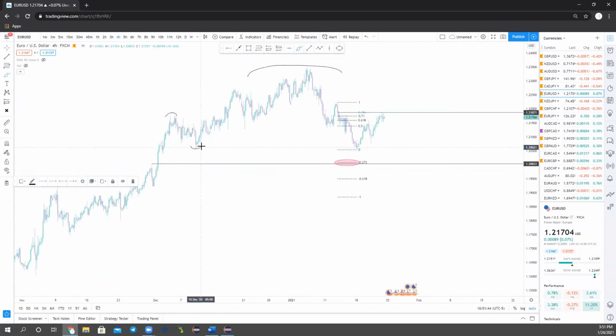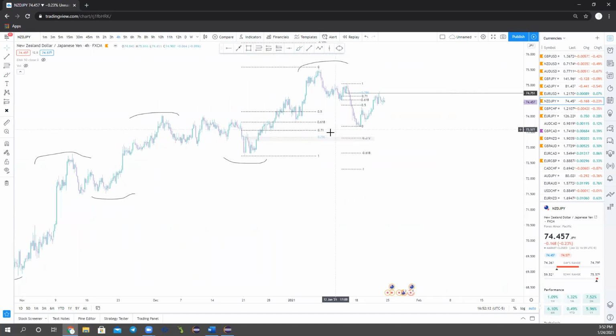It's by no means pretty, because we did consolidate pretty badly for a while, but we had this, and then we broke this swing point here. And then what did we do? We come down, and then we make a lower high. So lower low, lower high, lower low, expect a lower high, and continue down until a level that lines up with our Fibonacci extensions and a level of interest, psychological level 1.2 as well.